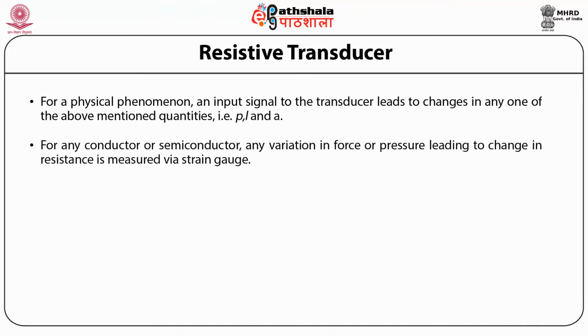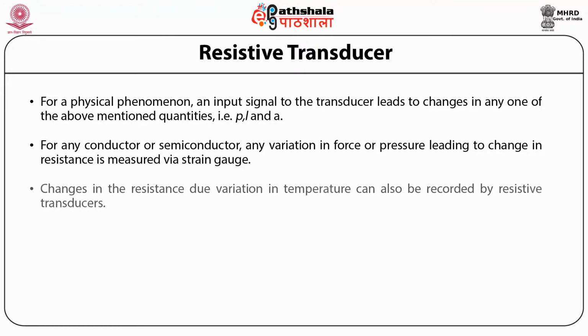For any conductor or semiconductor, any variation in force or pressure leading to a change in resistance is measured via a strain gauge. Changes in the resistance due to variation in temperature can also be recorded by a resistive transducer.